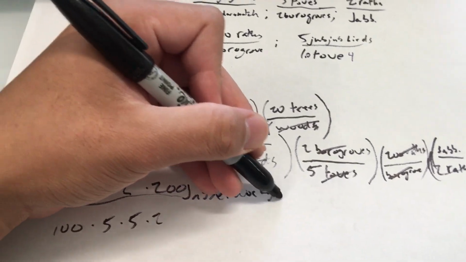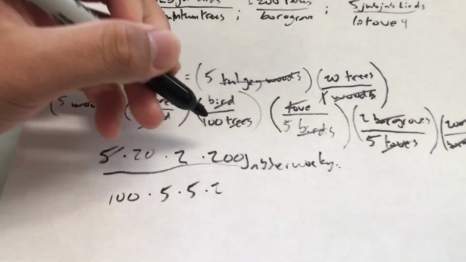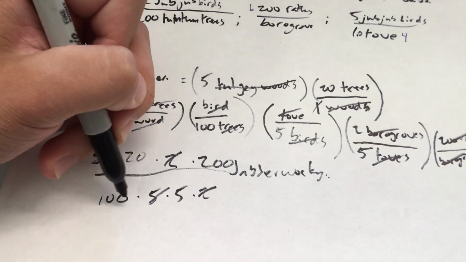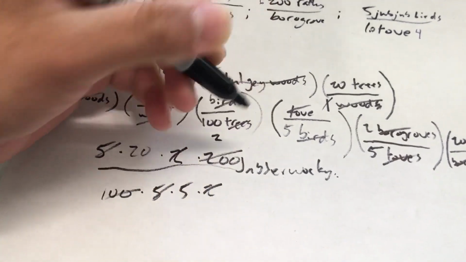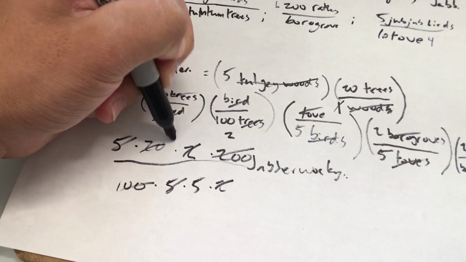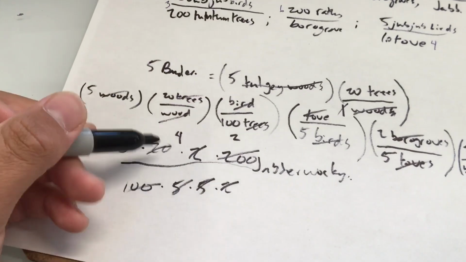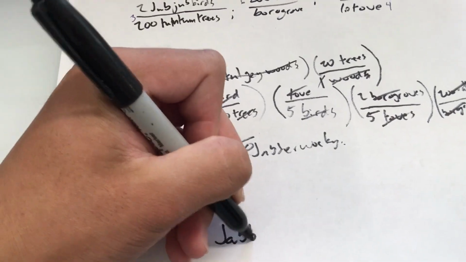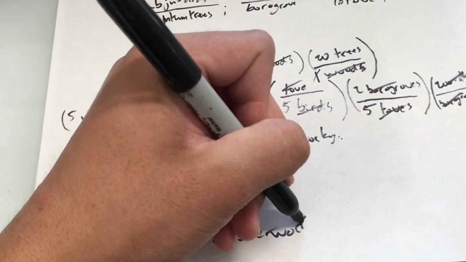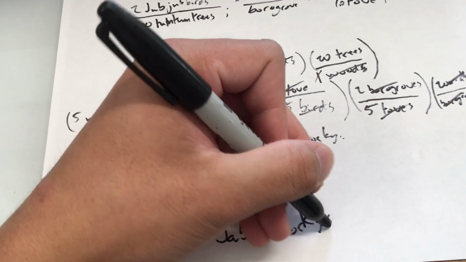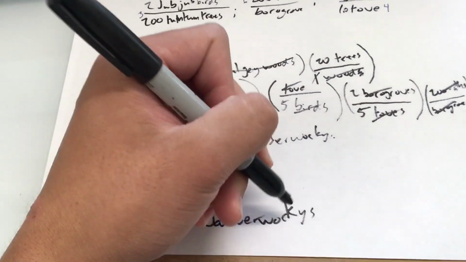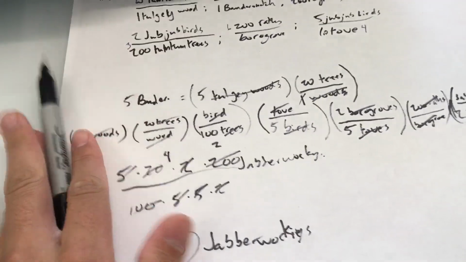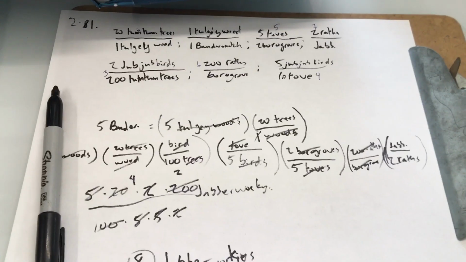So now we're going to cancel, because 25 is 4. Now we're left with 8 Jabberwockies. Plural of this is this or IES. Probably is IES. But anyways, the correct answer is 8. That's correct. See ya.